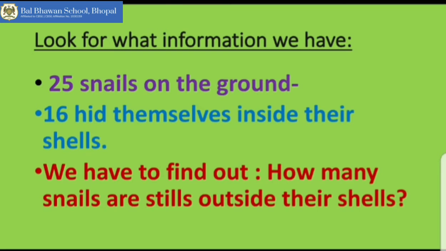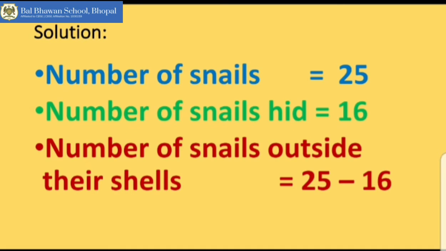And next, what you have to find out is how many snails are still outside their shells. This we have to find out. So according to this information only we will write statements. Okay, so first we will write those statements whose value is already given, and then at last we will write that statement whose value we have to find out.